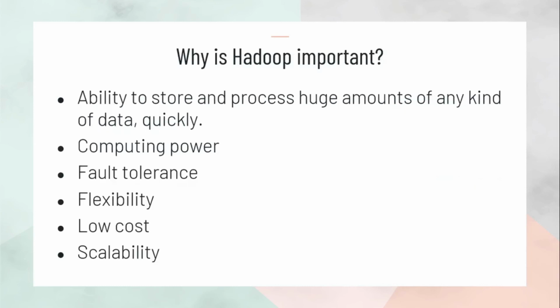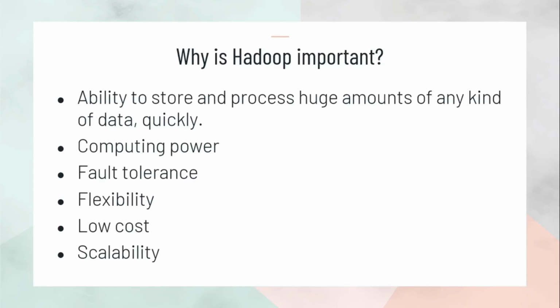Why is Hadoop important? We have six different reasons. First, we have the ability to store and process huge amounts of any kind of data quickly. With data volumes and varieties constantly increasing, especially from social media and the Internet of Things, that's a key consideration.